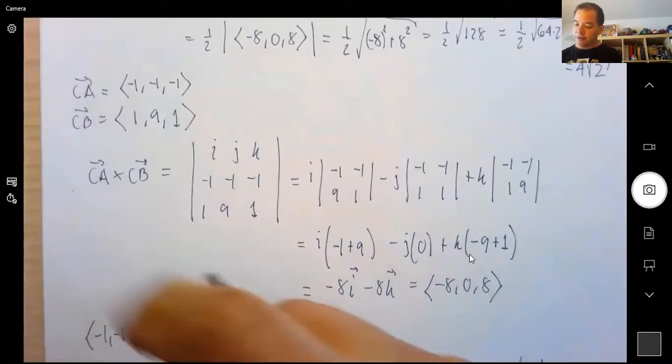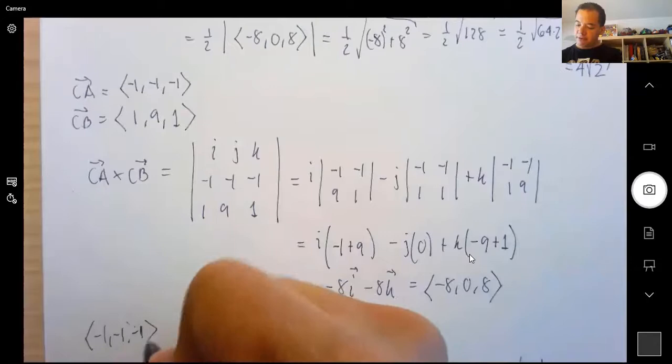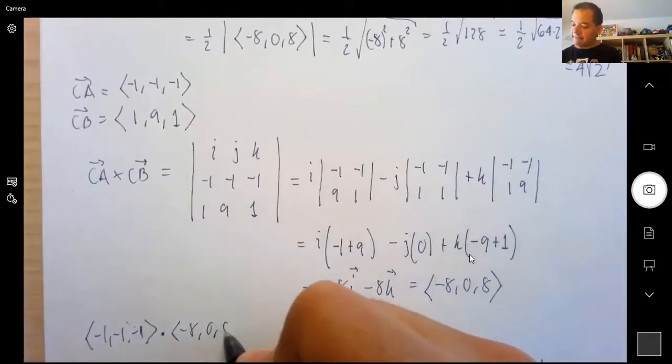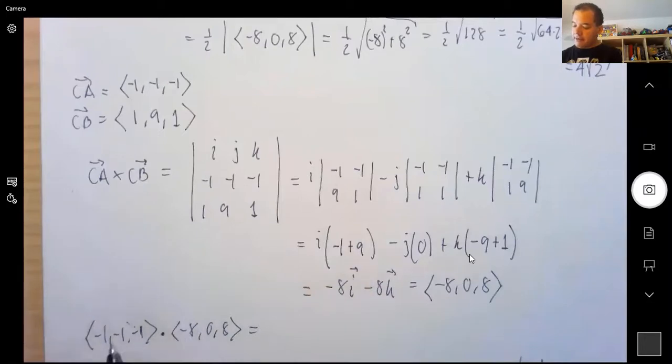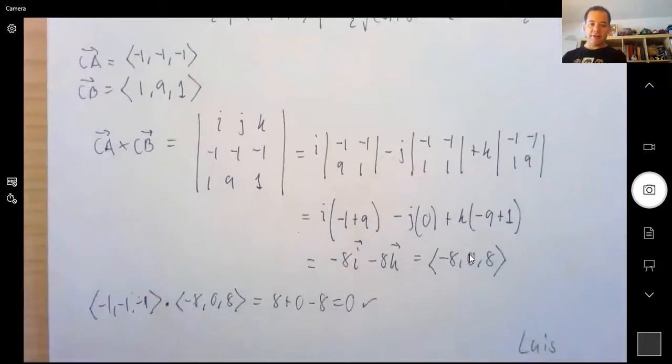So what is the dot product of negative 1, negative 1, negative 1 with negative 8, 0, 8? Well, that would be negative 8 times negative 1, that's 8, plus 0, and negative 1 times 8, that's negative 8. So 0. Great. How about the other one?